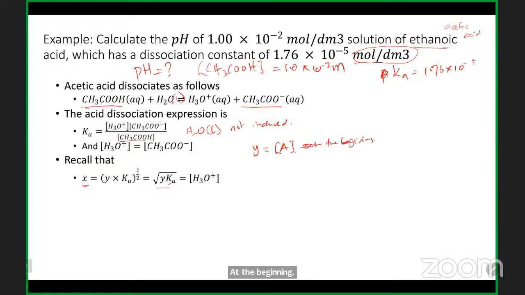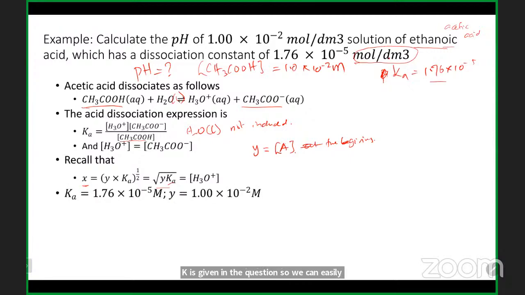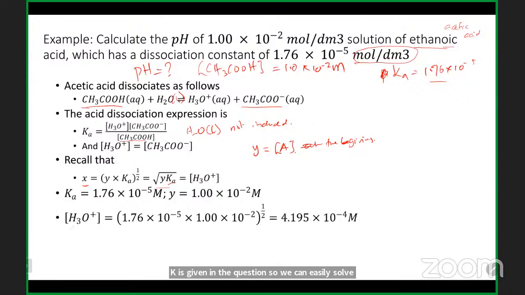Ka is given in the question, so we can easily solve for H3O plus, which is the square root of 1.76 times 1.0 times 10 raised to the power minus 2. We put that into the calculator, and we should have that value.